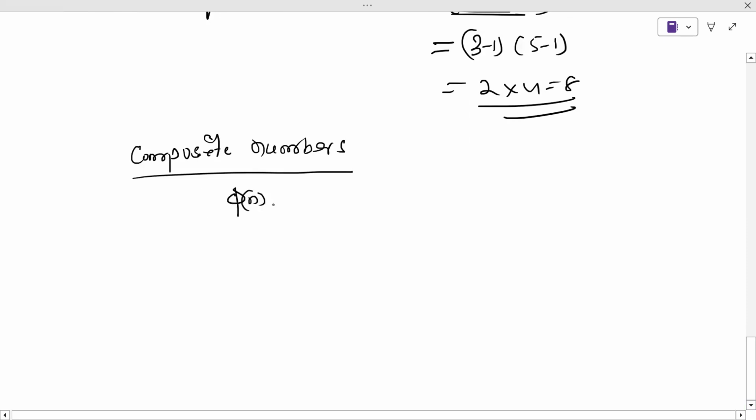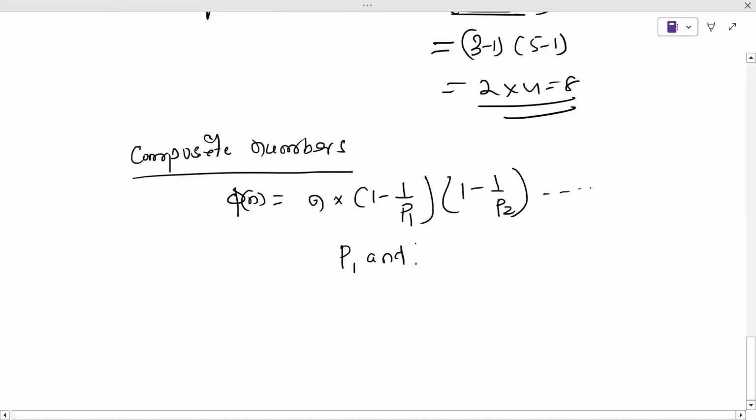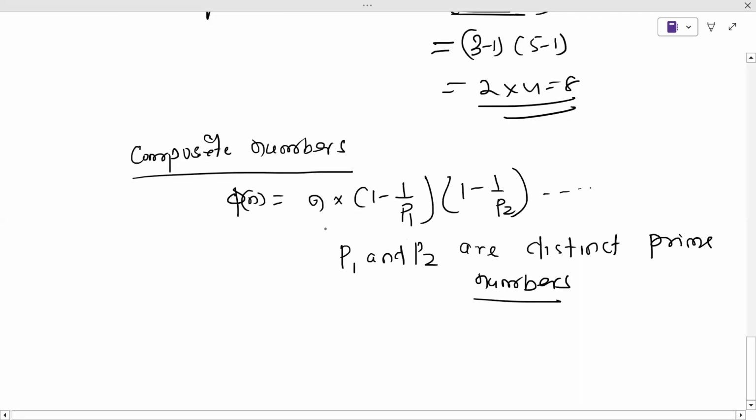Phi n can be written as n into (1 minus 1 by p1) into (1 minus 1 by p2) and so on, where p1 and p2 are distinct prime numbers.